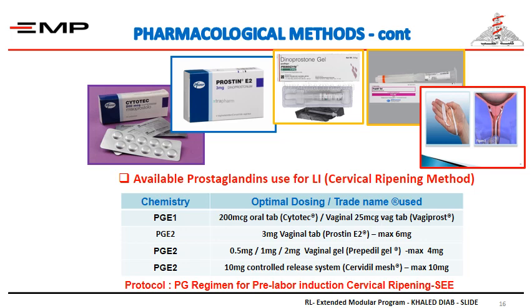3 forms of prostaglandin E2 dinoprostone are available commercially: vaginal tablets, vaginal gel, and vaginal mesh. The trade names and dosing are given in the following table. The major risk of the above preparations is uterine hyperstimulation.